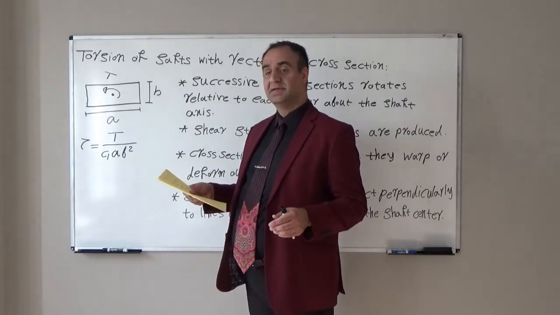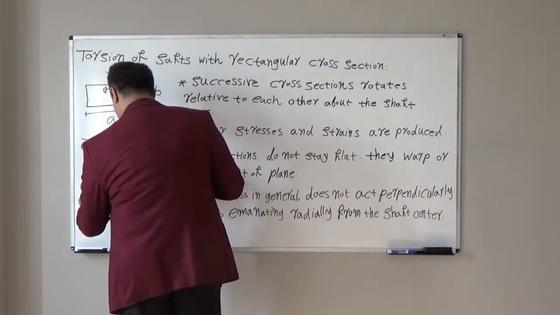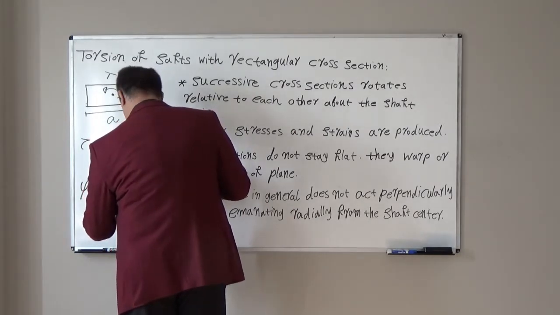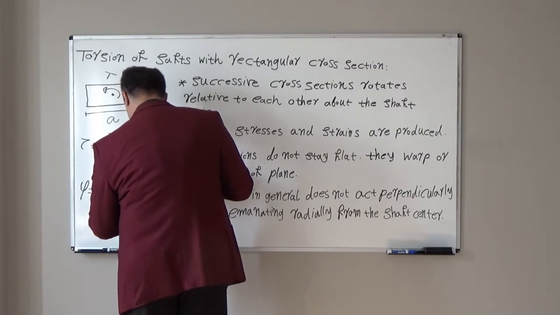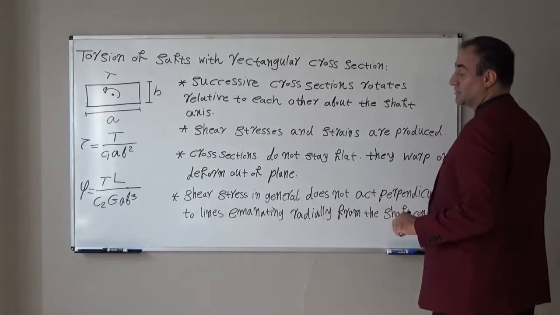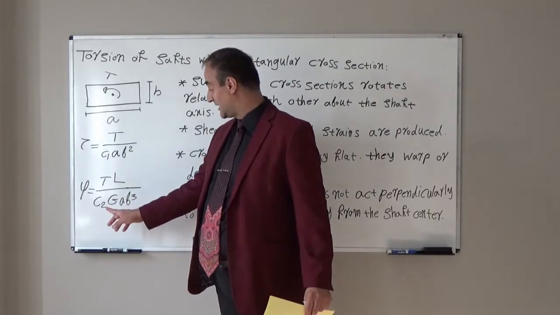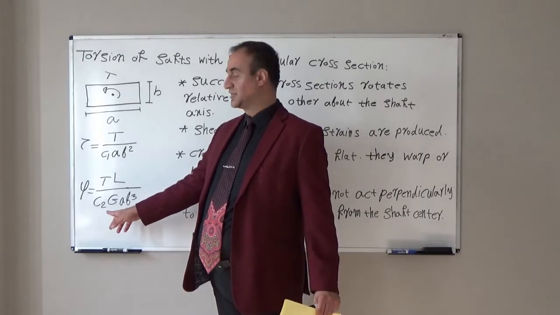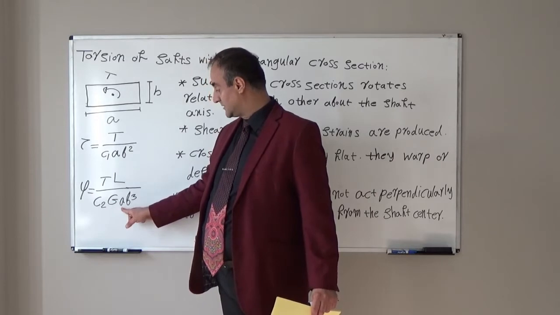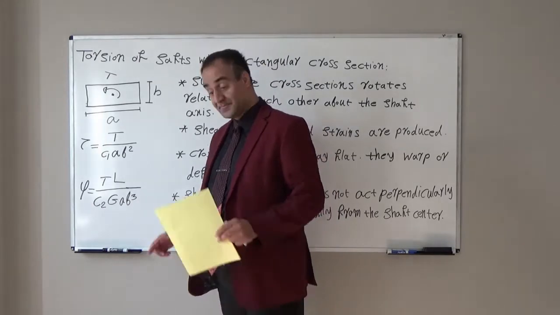It depends on the ratio of A over B. Twist angle phi here, it will be T L over C2 G A B cubed. So twist angle will be torque T times L, the length of the shaft, over C2, again another coefficient that will depend on the A over B ratio, times G, the shear modulus, A the long side, B the short side to the power of 3, or cubed.